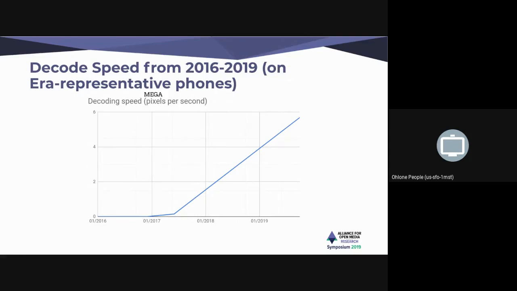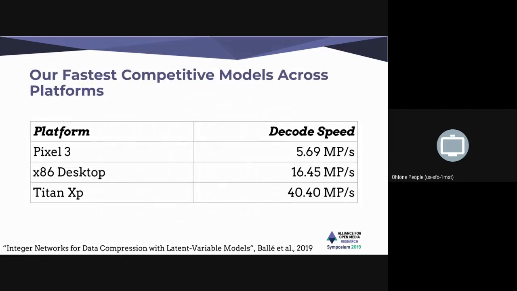So when we switched away from this recurrent model, we saw an absolutely incredible jump. We are now on the y-axis, instead of pixels, we have megapixels. So we are reaching close to 6 megapixels on a phone. And let's look a bit at some other speeds of the same model.